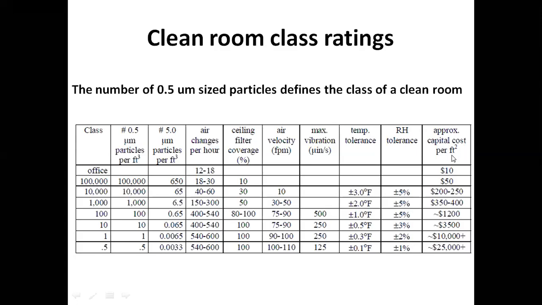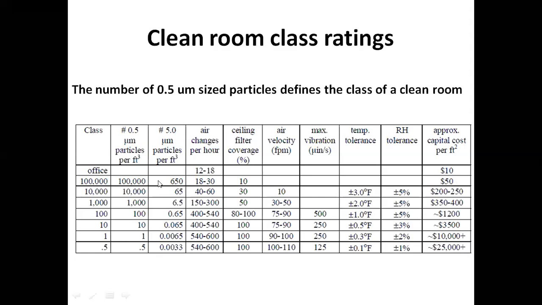Approximately capital cost per square feet. The ordinary office capital cost per square feet is $10. But as you put the filters and other equipment inside the clean room, the capital cost of the room would increase.